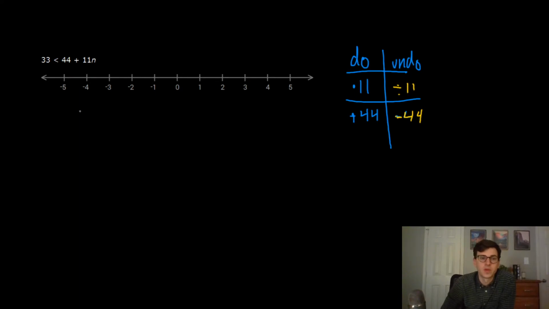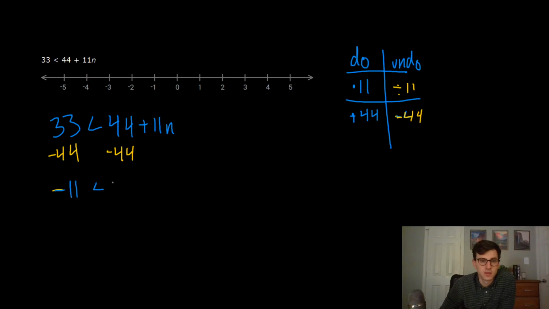Okay, so let's do that. 33 is less than 44 plus 11n. Subtract 44 from both sides. Negative 11 is less than 11n. Divide by 11. And again, be careful, I'm not flipping the sign here. I'm dividing by a positive number, so I don't need to flip the sign.